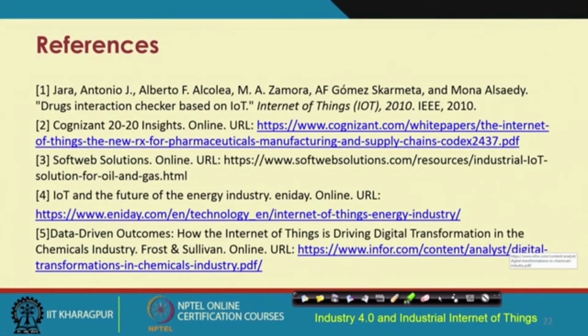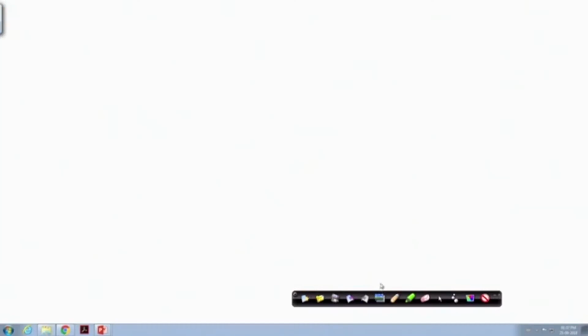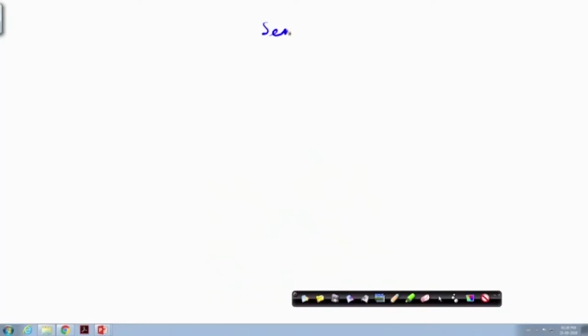Before I end, I would like to list these different types of sensors that we are going to use in the pharmaceutical industry. So, first of all, what happens is, let us say that a pharmaceutical industry makes certain drugs, right.